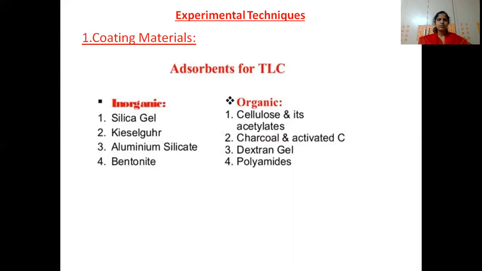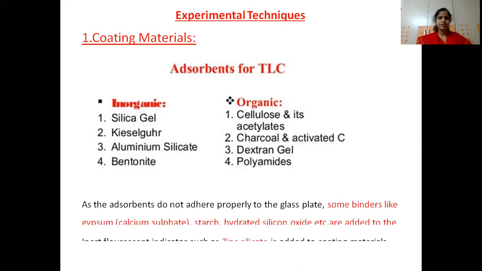We take these adsorbents, prepare a slurry of them, and spread that adsorbent onto the glass plate. Now, these adsorbents will not bind directly to the glass plate, so we have to add some binders. Binders help the adhesion of the adsorbent onto the glass plate.